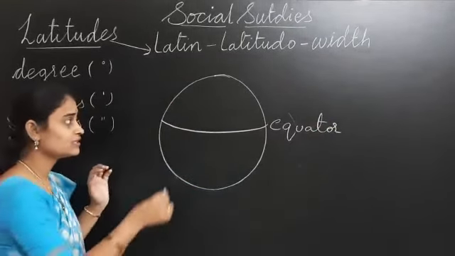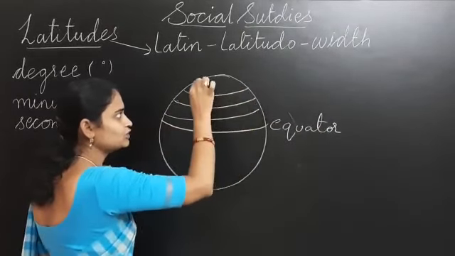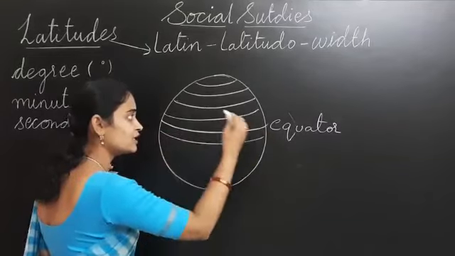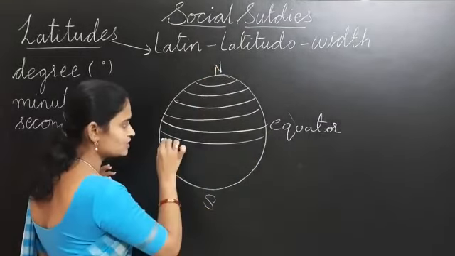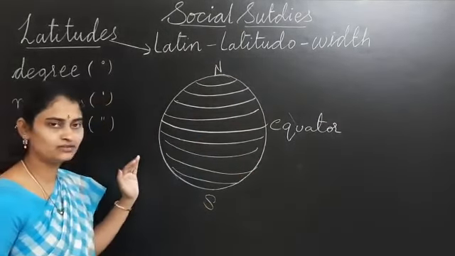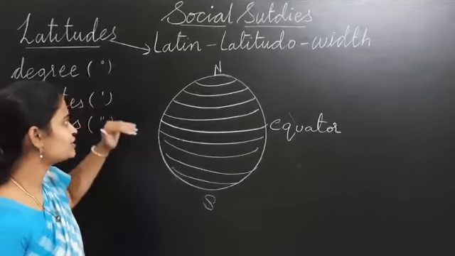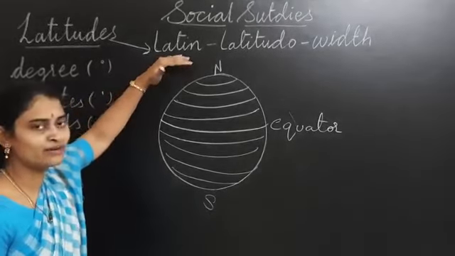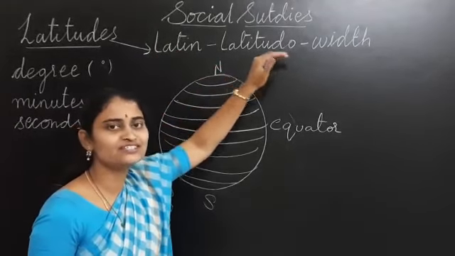And the circles drawn parallel to it in the north and in the south are called latitudes. The word latitude comes from the Latin word latitudo, meaning width.